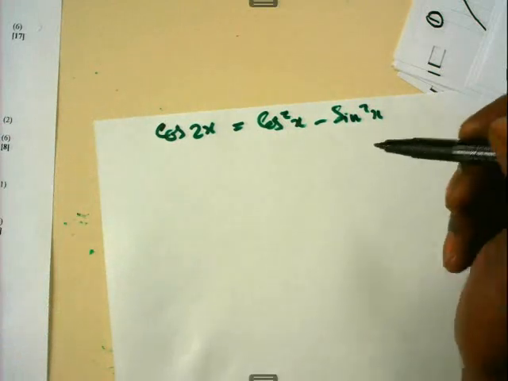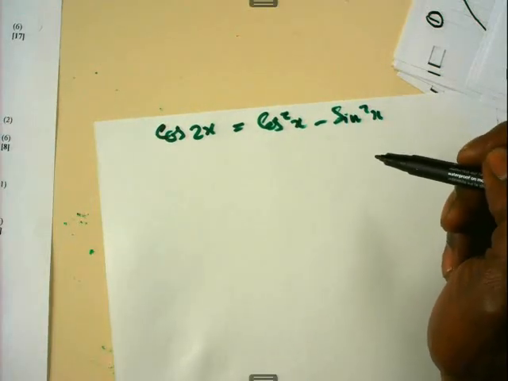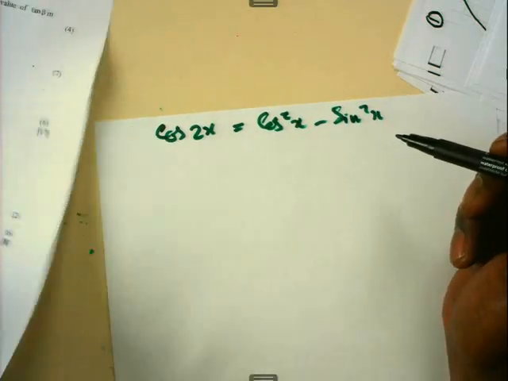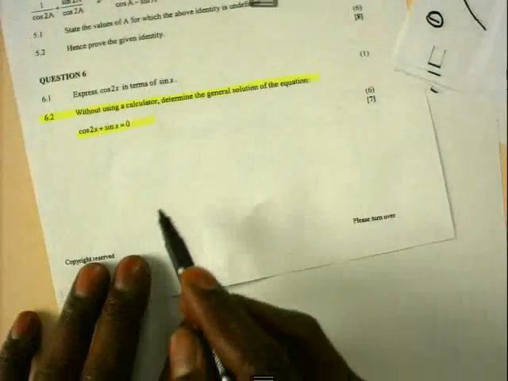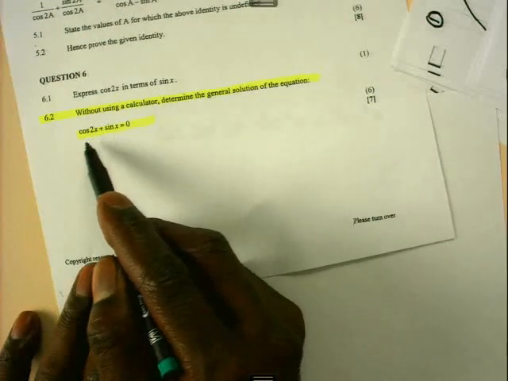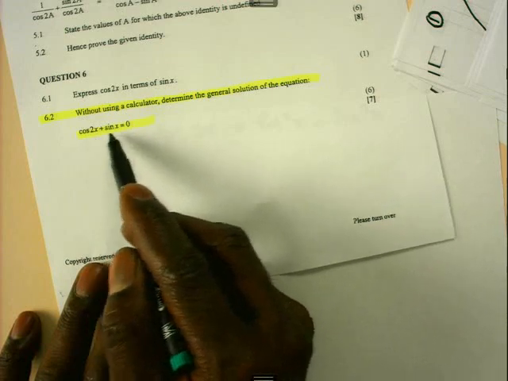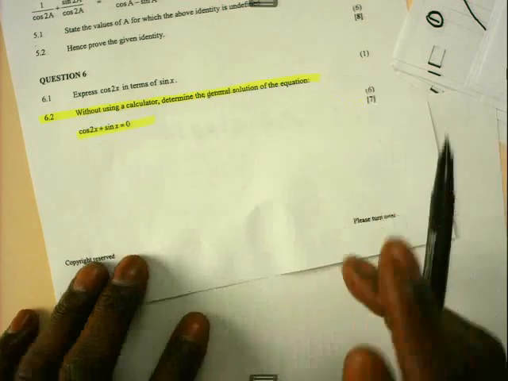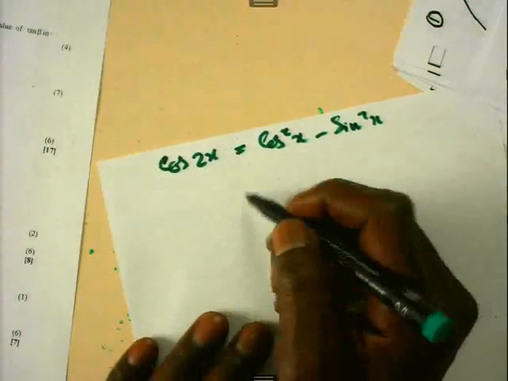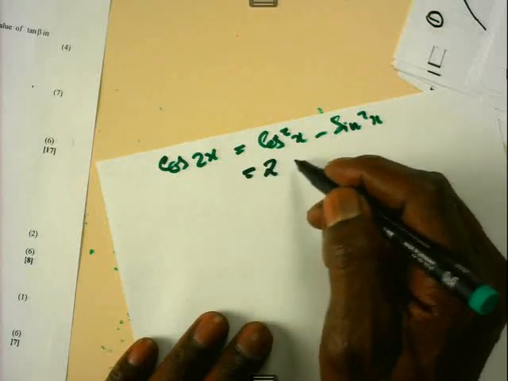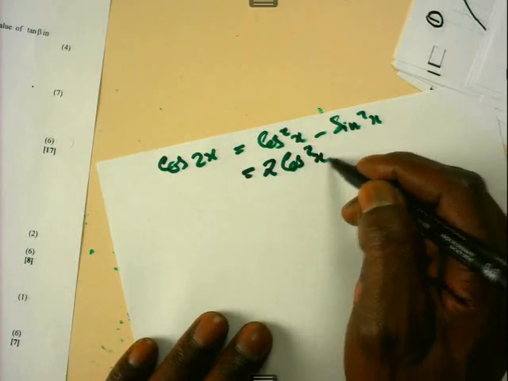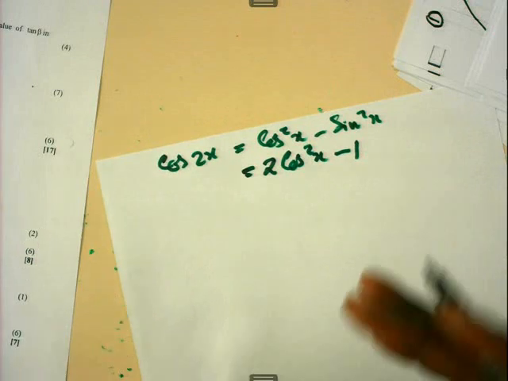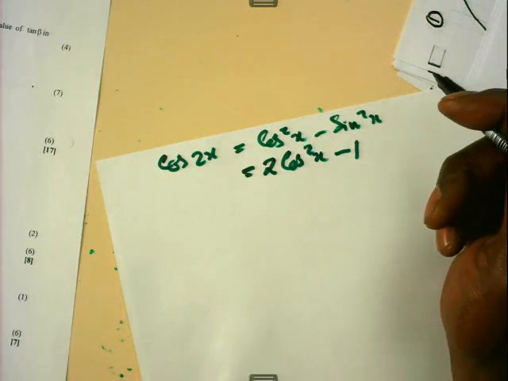But now, is this going to help us? We said we want to establish a single trigonometric ratio here. Now, cos 2x is the same as 2 cos squared x minus 1 if we use the double angles.